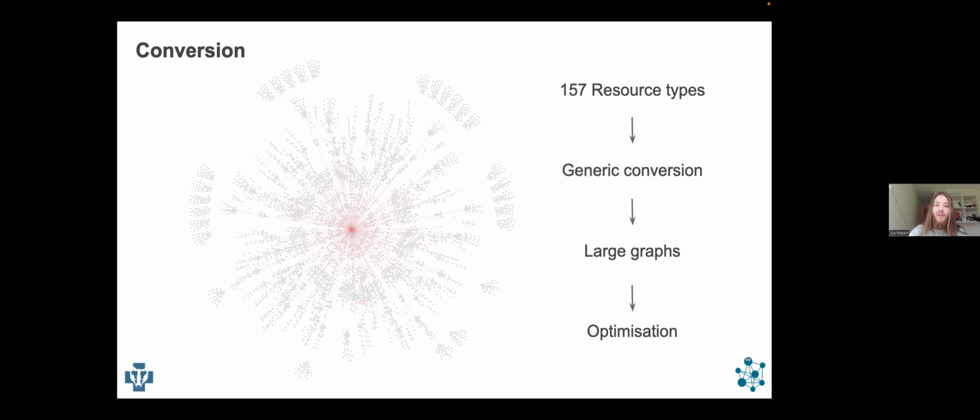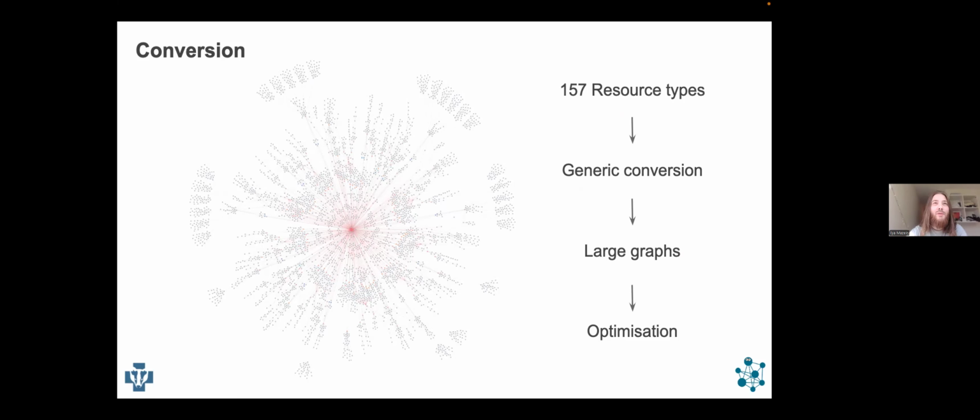The graphs are quite large. And so we had to think of ways to optimize our graph storage and our graph structure to make it more accessible, more concise, more accommodating.